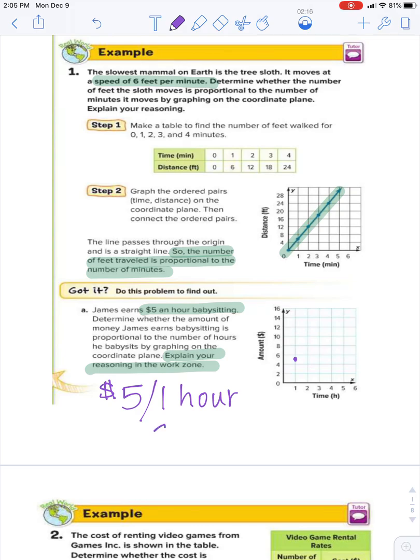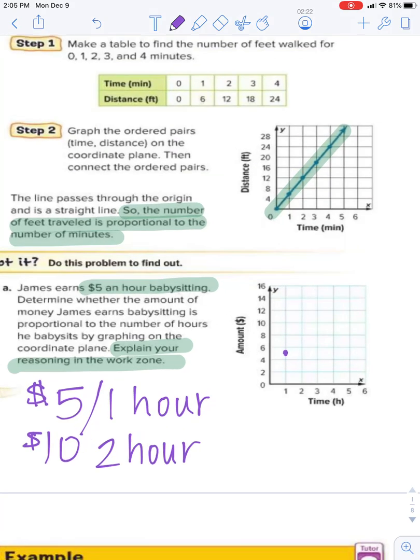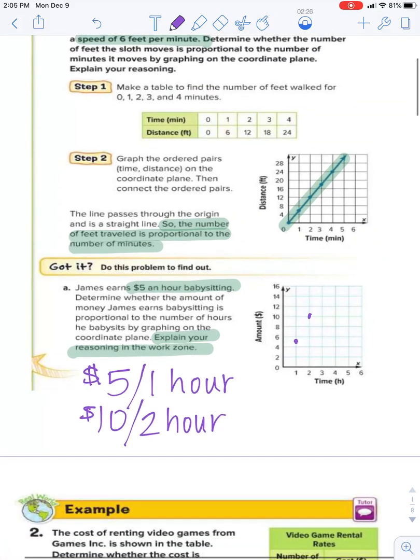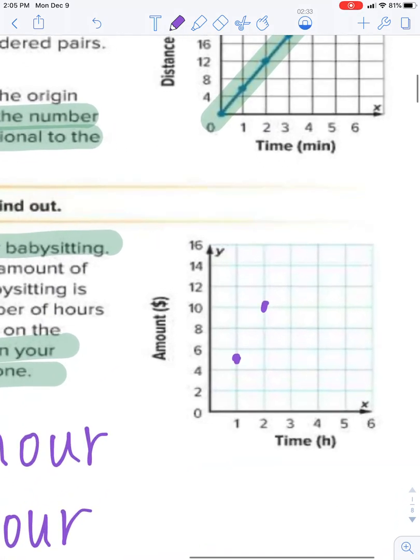If he were to babysit for 2 hours, he would earn $10, so we can graph that at 2, 10. If he were to babysit for 3 hours, he would earn $15, so we can graph that at 3, 15.